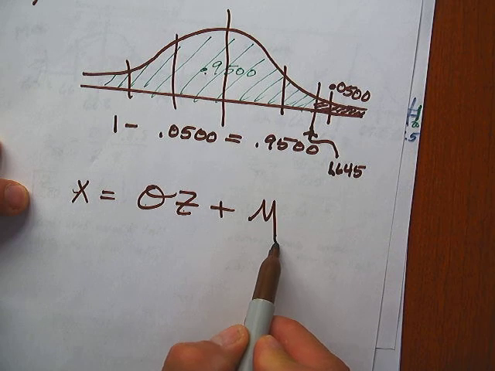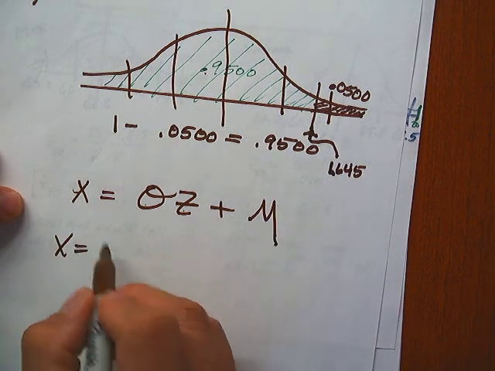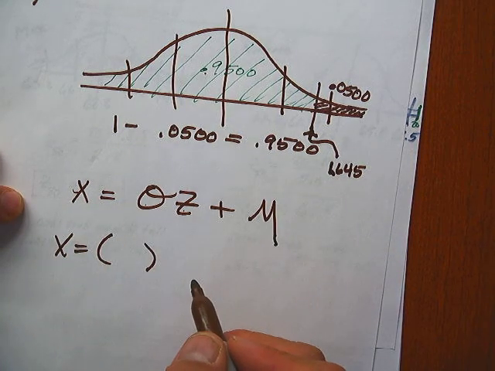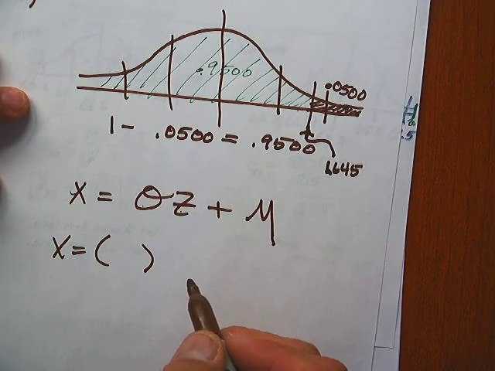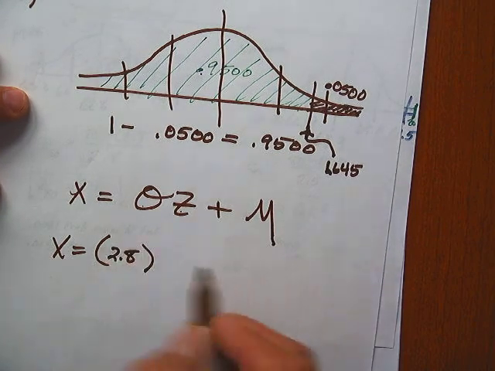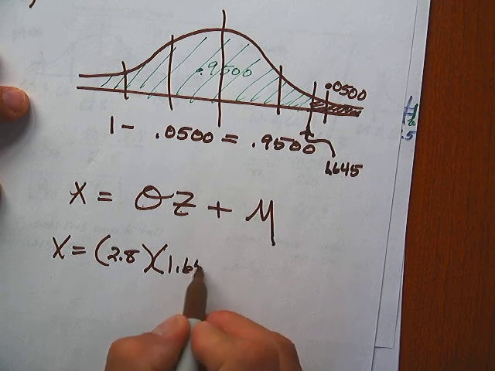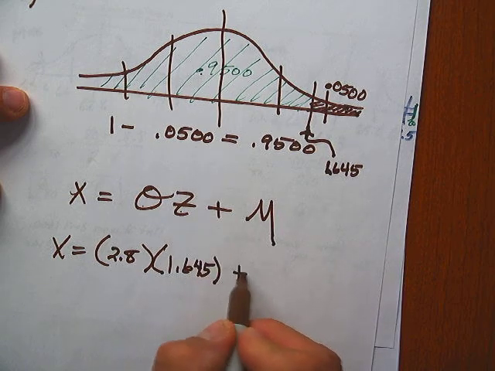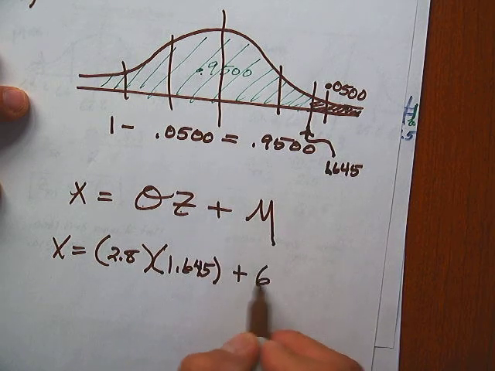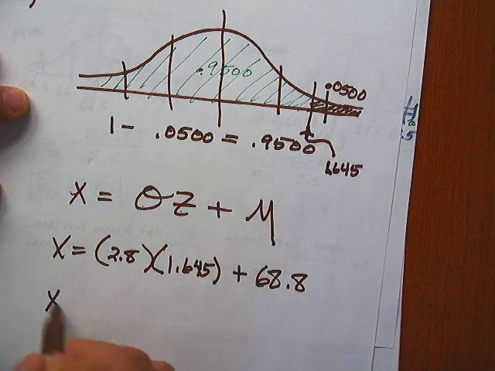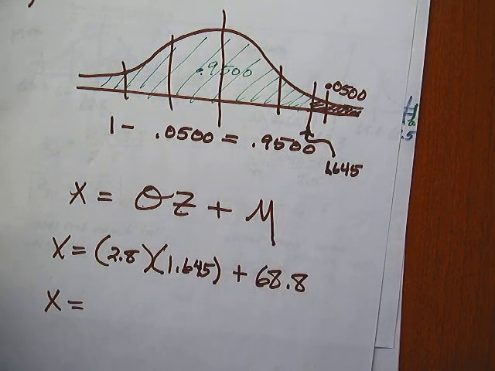Now, we've got a z-score, we've got to change it into x. X is equal to sigma z plus mu. Standard deviation, z-score, and the mean. X is equal to standard deviation for the men, which is 2.8, z-score is 1.645, and mu is 68.8.